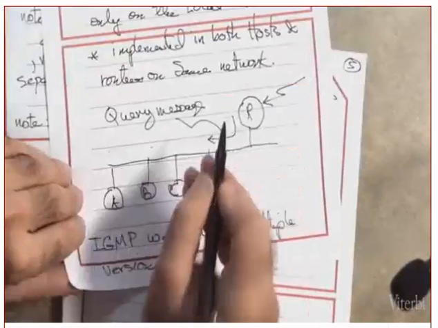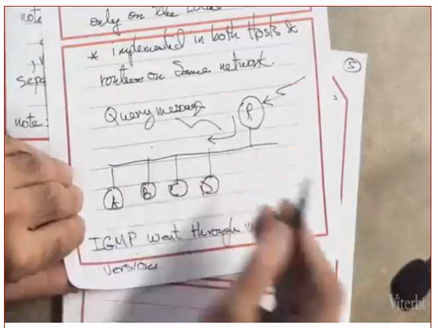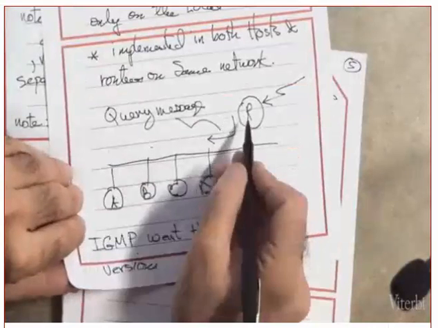Upon receiving a leave message, routers immediately send a query message for that specific group.